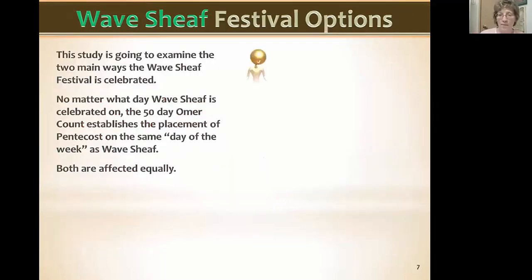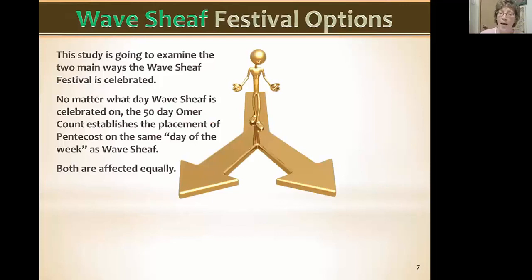Now, there are some festival options, and tonight we're going to examine 2 ways that the Wave Sheaf Festival can be celebrated. And no matter what day Wave Sheaf is celebrated on, in most cases, that 50-day Omer count is going to be established right back to the Wave Sheaf, and it will be on the same day of the week.